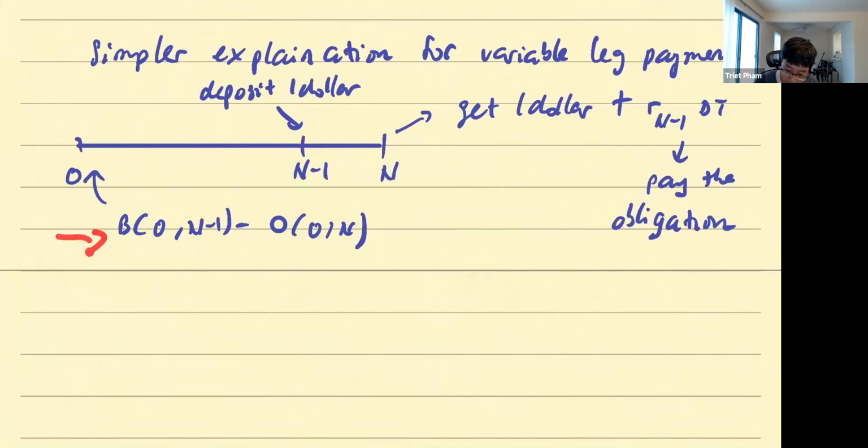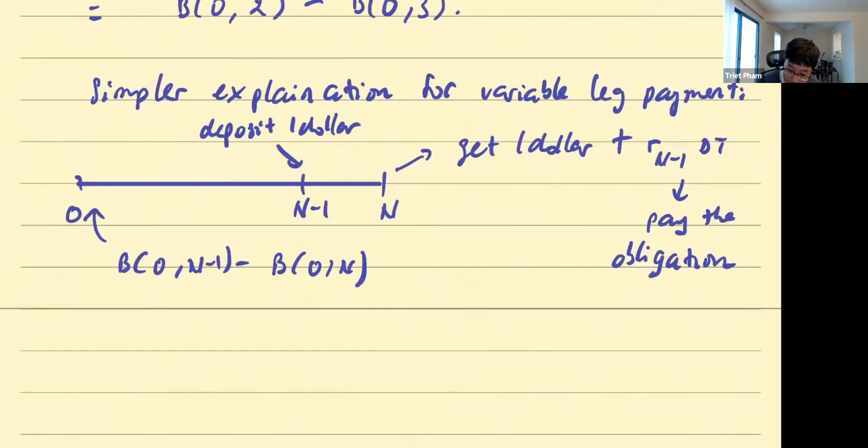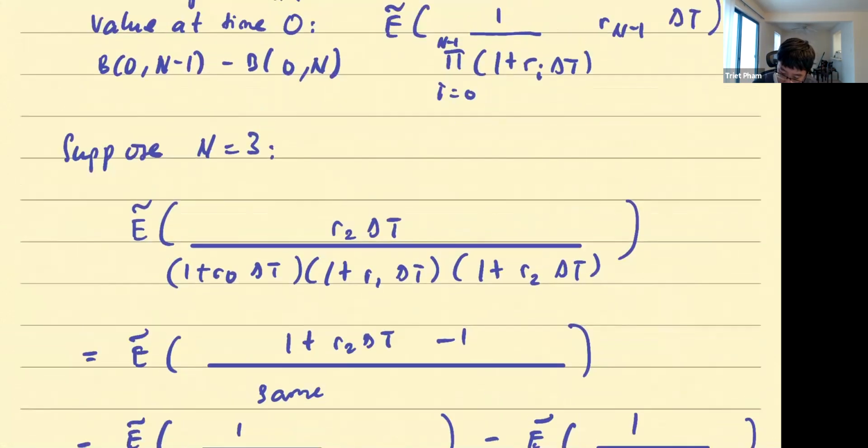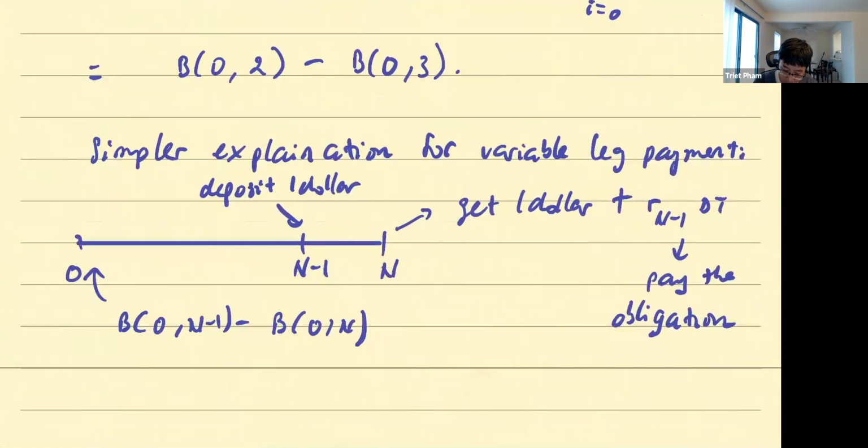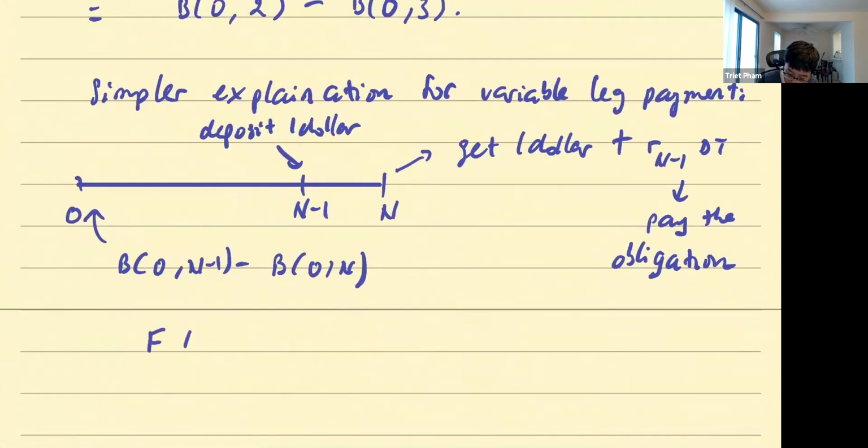So this is a variable rate payment. Okay, so for the fixed rate payment, the value is this much. So the forward rate must satisfy that the fixed rate payment equals the variable rate payment.